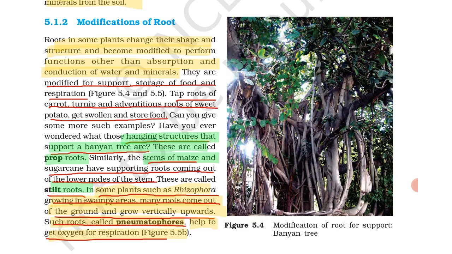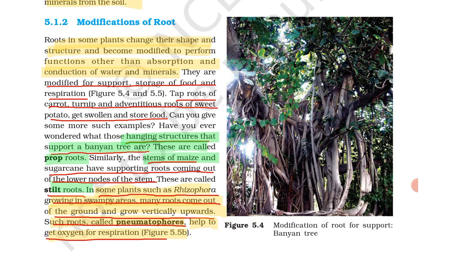In that we have seen the taproot of carrot and turnip, and the adventitious root of sweet potato. They are for storage purpose. So the adventitious root of sweet potato and the taproot of carrot and turnip are modified for food storage.